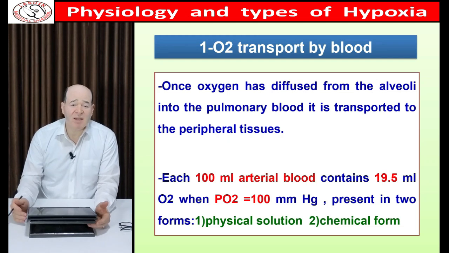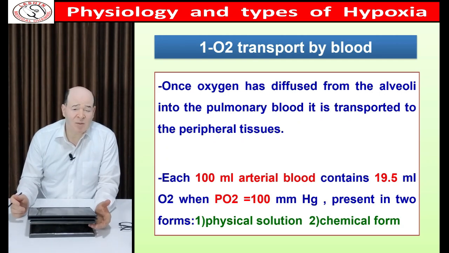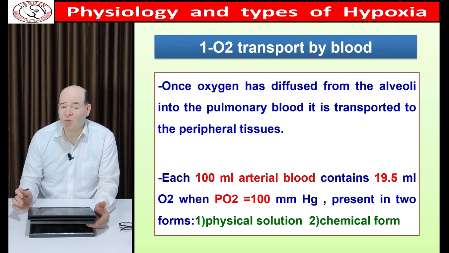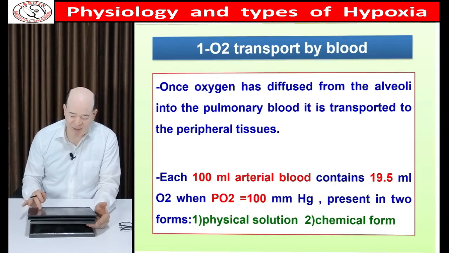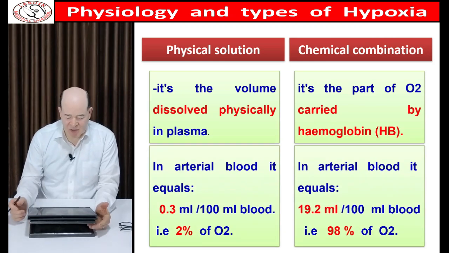Normally, if we take 100 milliliters of blood, we will find that it contains about 20.5 milliliters of oxygen, present in two forms, a physical form and a chemical form. The physical form represents only 2%, which equals 0.3 milliliter.